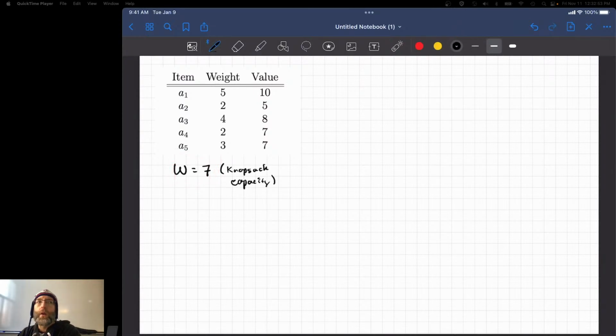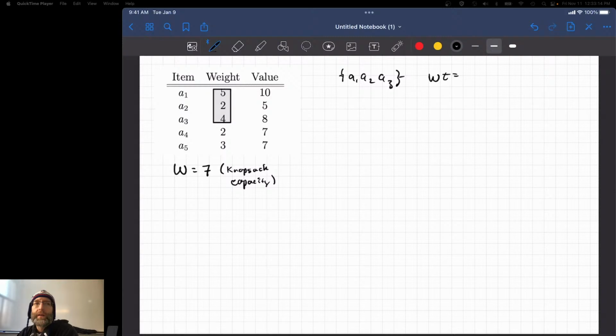If you consider all possible subsets, those are all possible solutions to the 0-1 knapsack, but not all of them are going to be feasible. For example, if you take A1, A2, and A3, then that total weight is going to be 5 plus 2 plus 4.